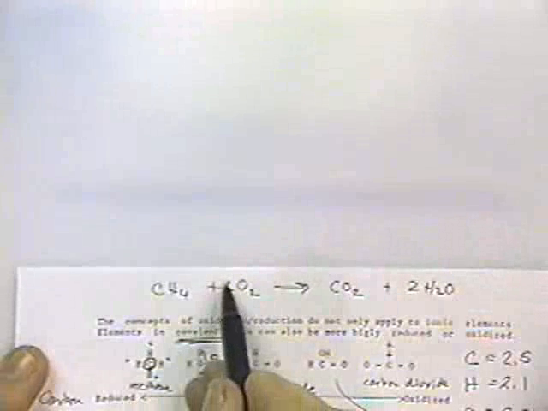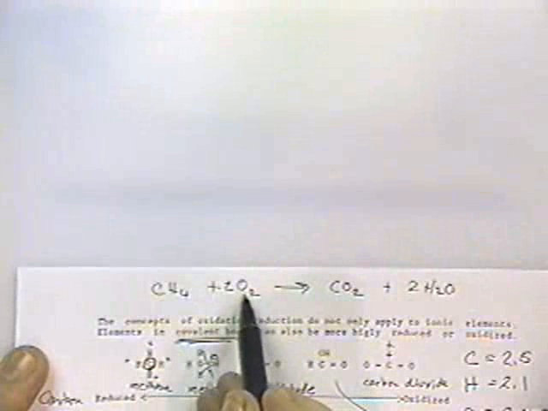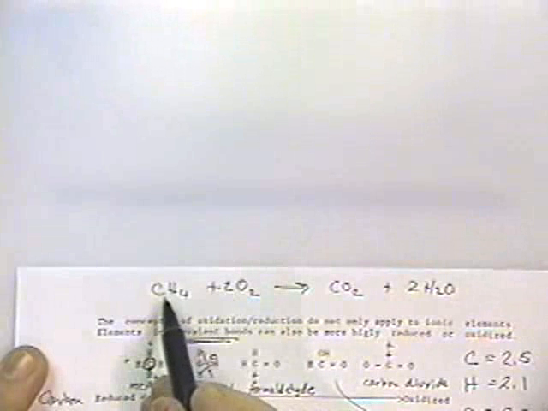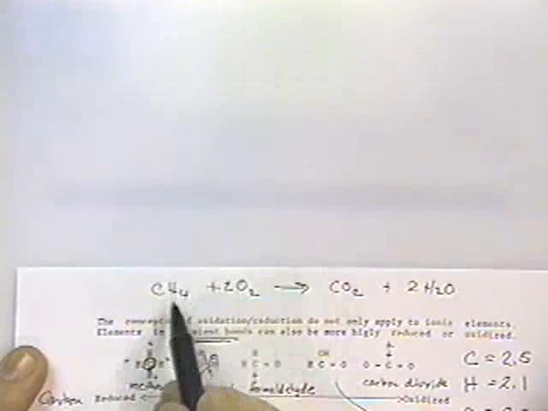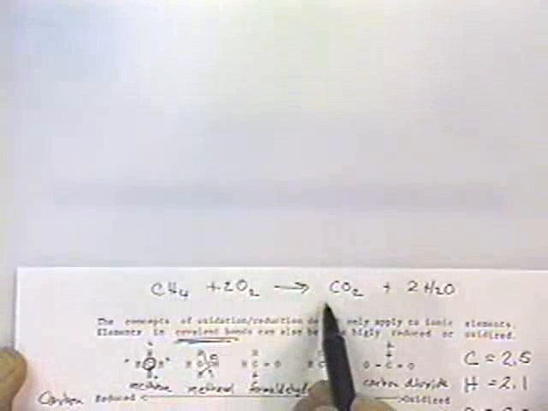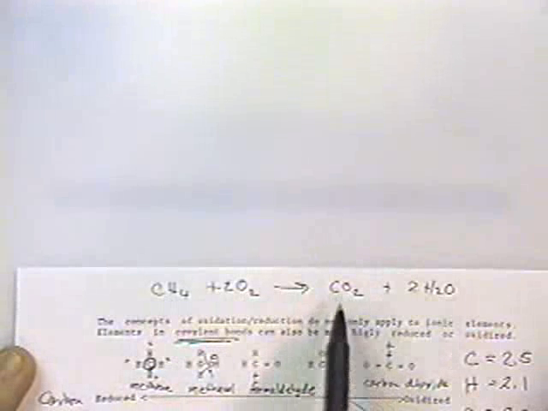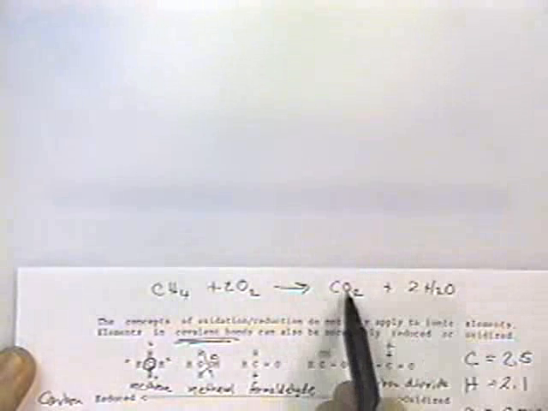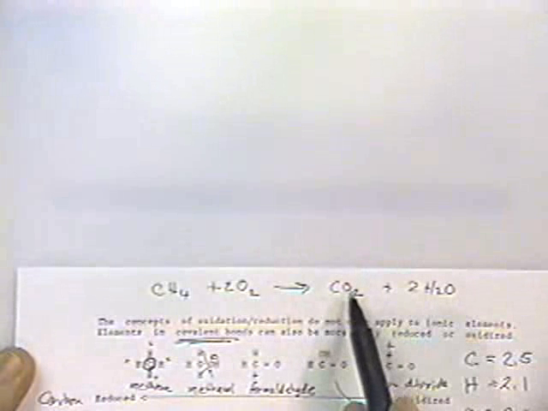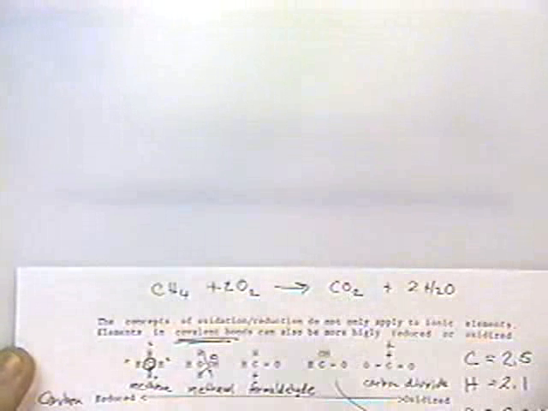What's happening is the oxygen is the oxidizing agent and the methane is the reducing agent, and in the process of this reaction the carbon became oxidized, that is, it lost its electrons, and the oxygen became reduced, that is, it gained its electrons.